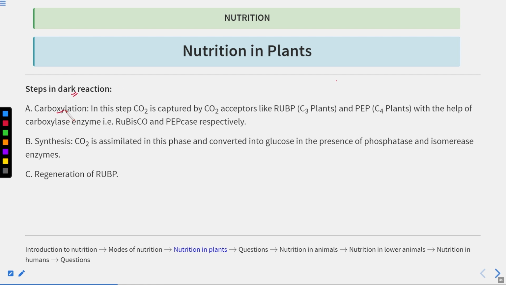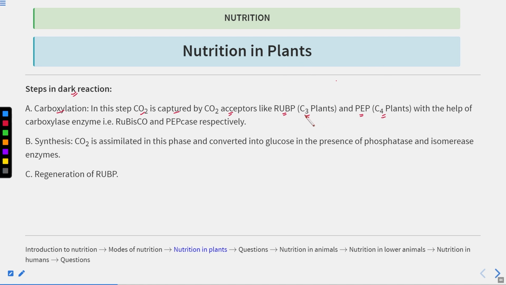First step is carboxylation. Carboxylation means addition of carbon dioxide. Here carbon dioxide is captured by carbon dioxide acceptors. The carbon dioxide acceptor is RuBP in the case of C3 plants, and it is phosphoenol pyruvate in the case of C4 plants.